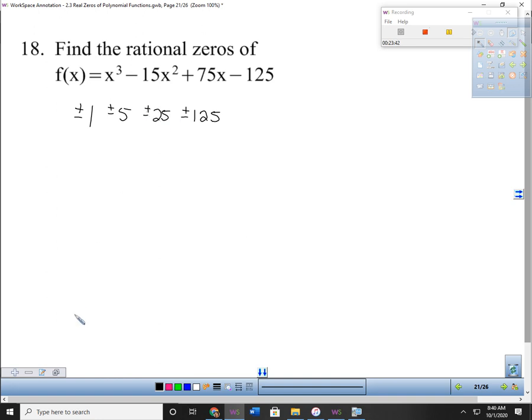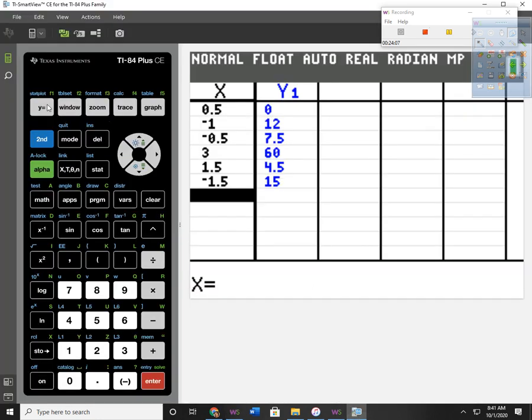And then it doesn't divide by 6 through 24. And then I would divide that by the factors of 1, which is just 1. So these are my 4 options, and I have 3 at most, right? So I'm going to go ahead and graph this so that I can decide which one of these I'm going to use.